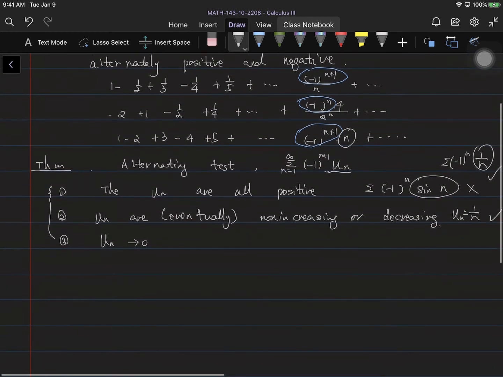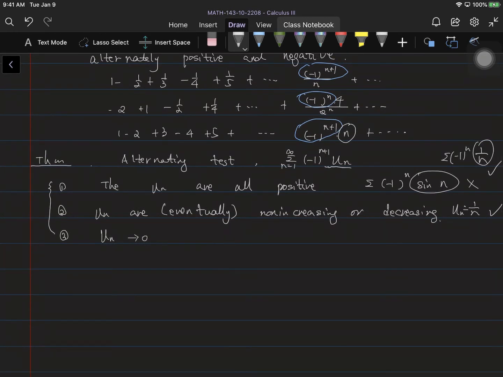Now let's take a look at examples. We skip the proof. We just need to know how to use this theorem to test alternating series. Whenever you see an alternating series, we use this test. Because till now, we learned the comparison test and the integral test.